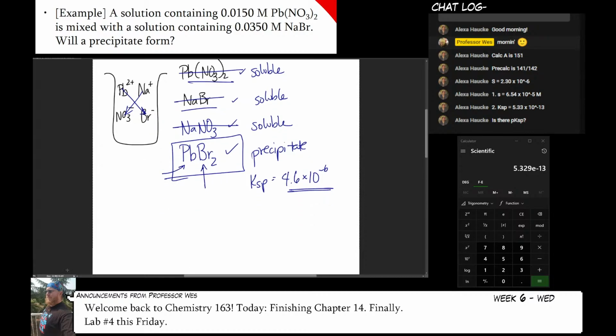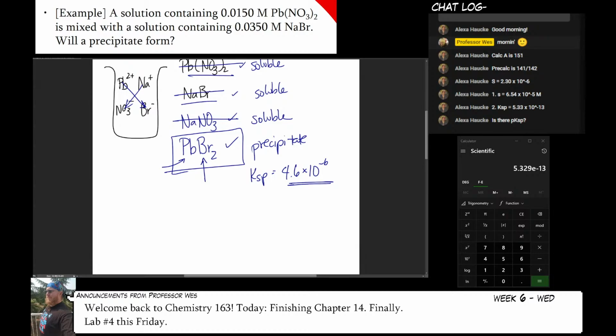So let's write all that out and let's see what happens. So first, let's write the solubility expression. So that would be this.